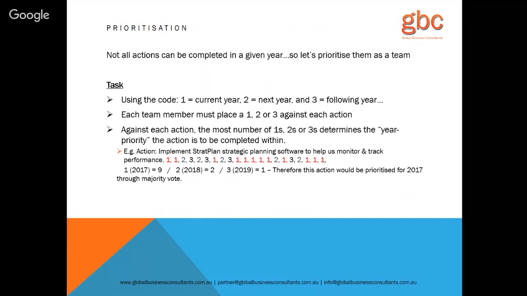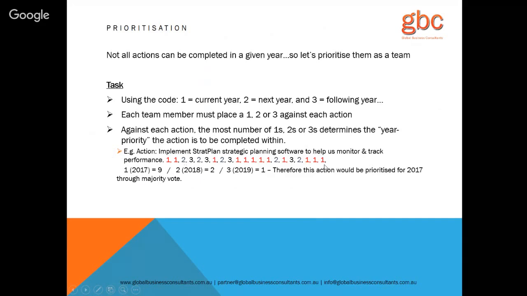So by way of an example, let's just say that we had a team that went up and prioritized this action. So the action was implement StratPlan, strategic planning software, to help us monitor and track performance. If you count the number of people that put 1, it's 1, 2, 3, 4, 5, 6, 7, 8, 9, 10, 11, 12. So essentially the number 1 appeared the most times, so that means it's prioritized for 2017.